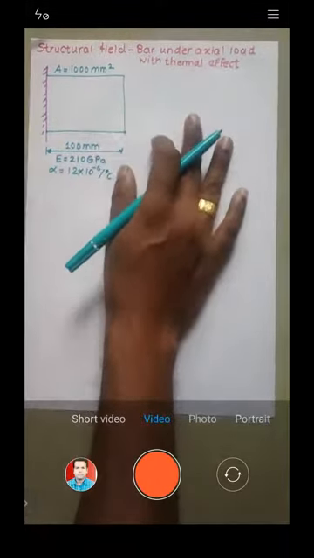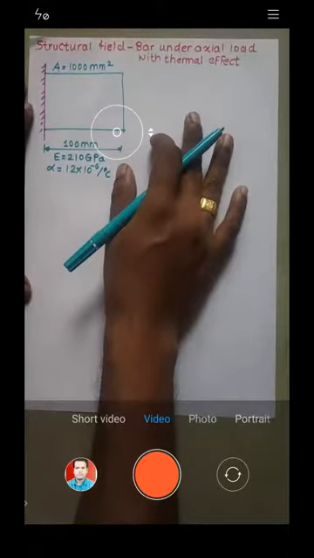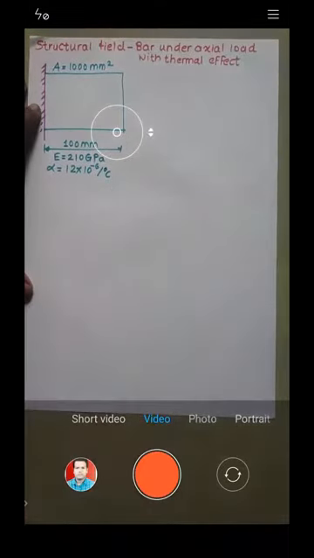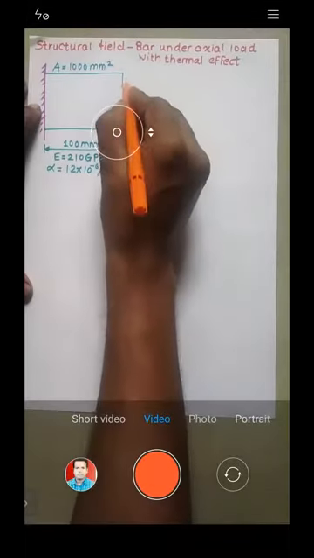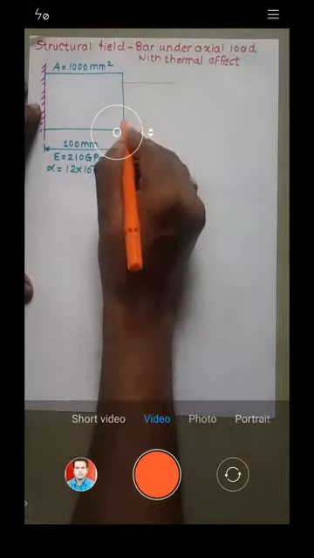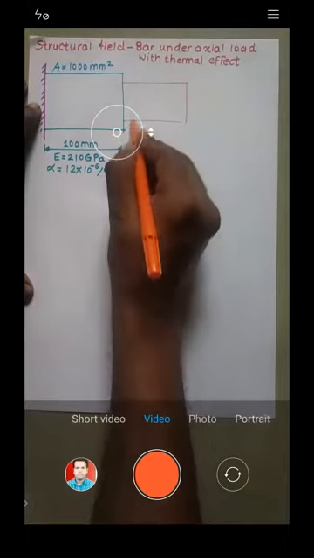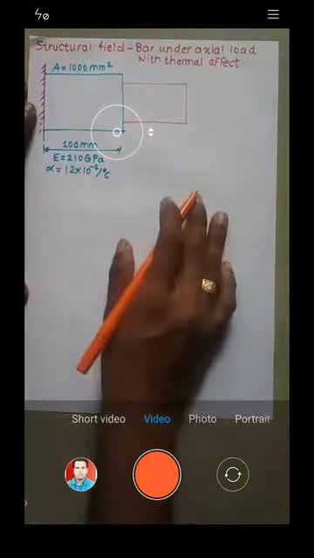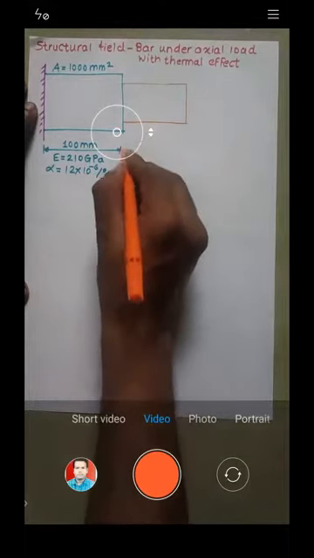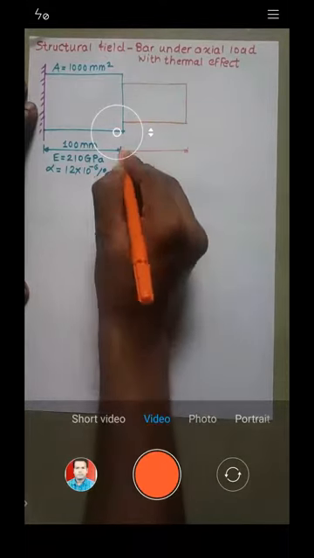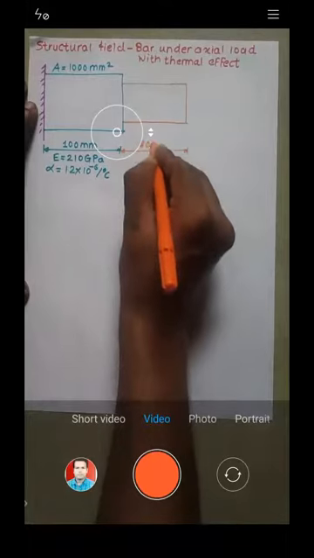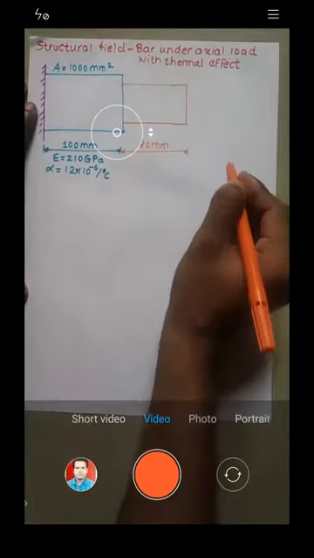Okay, to this horizontal bar, we have one more bar which is attached. This bar is of length 80 mm, and has cross section area A equal to 500 mm square.